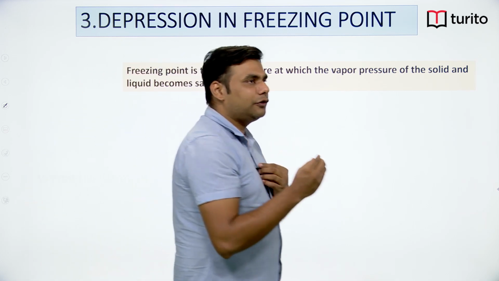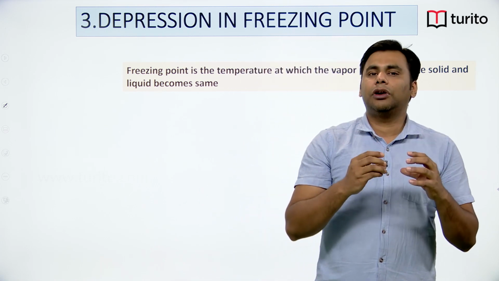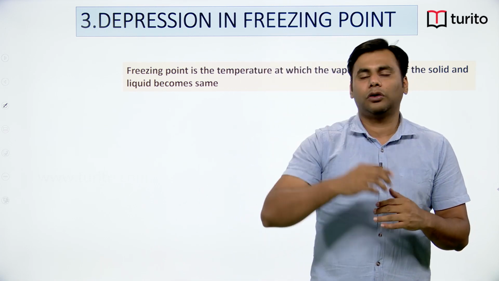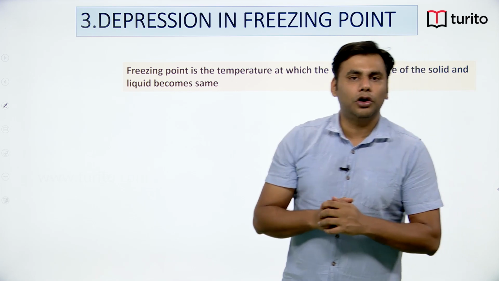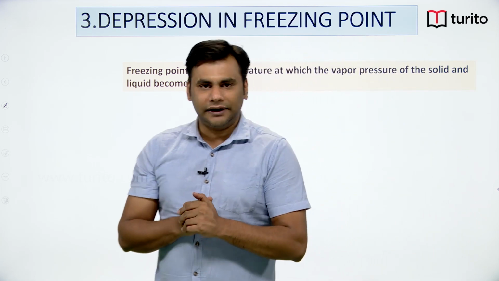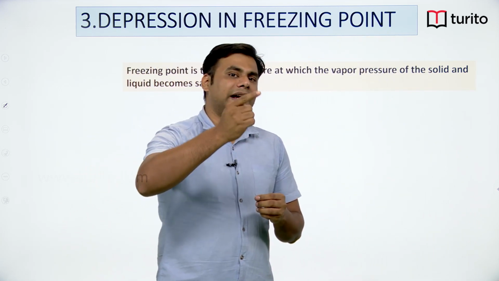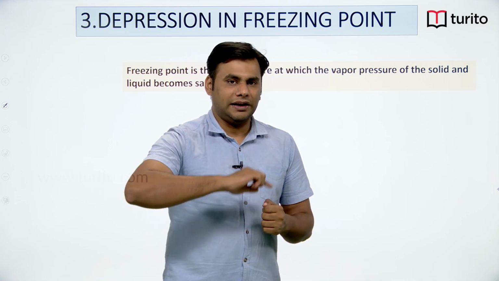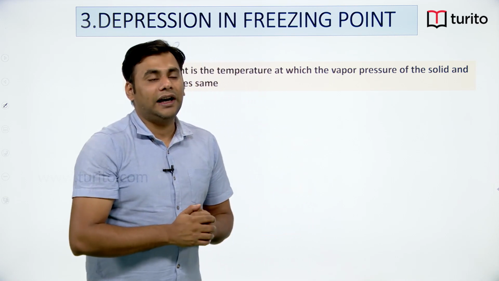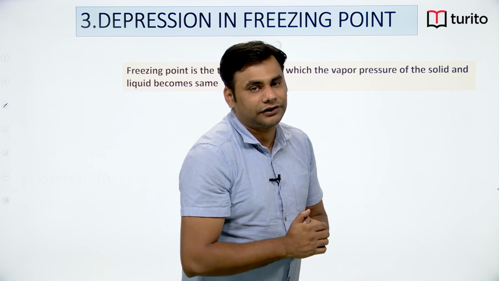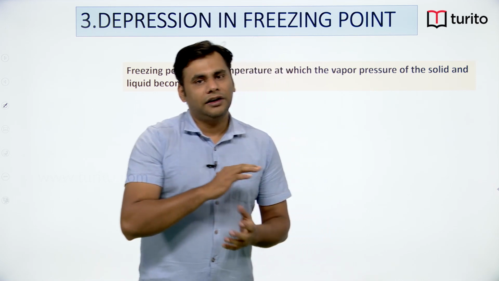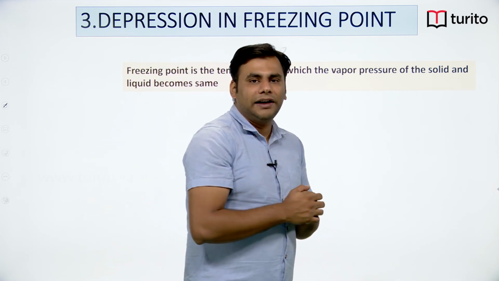Now this is a little confusing because we have said that liquid particles can easily move out of the solution because the intermolecular forces of attraction between them are less. So they can easily come out, and we say that liquids generally have vapor pressure. But in a solid the particles are closely bound to each other.